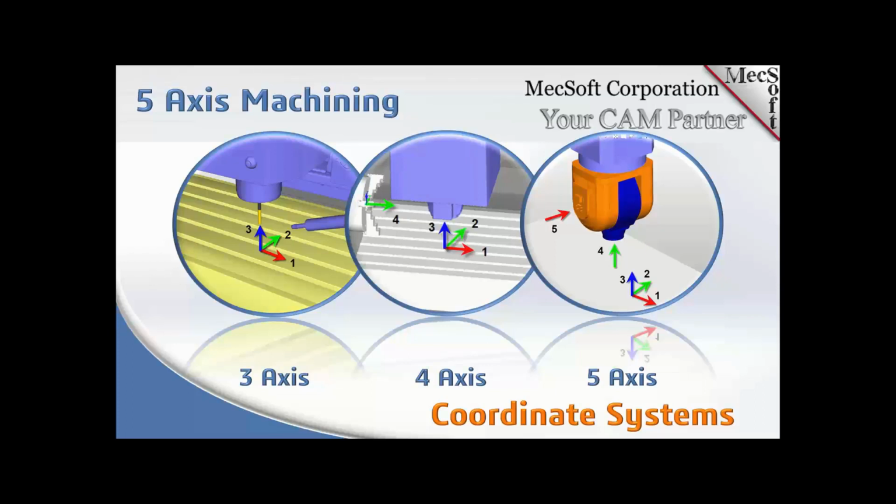In addition to the 3 axes, you have the additional 4th axis rotation axis. And then on the right, you see a typical 5-axis setup. In the image on the right, we're showing a head-head configuration where the 4th and 5th axis reside in the head of the machine tool.